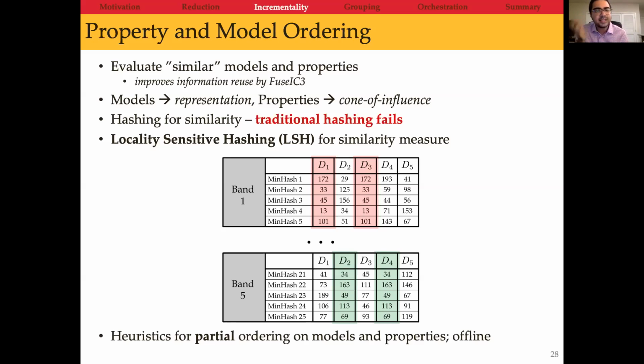So locality sensitive hashing gives us a very good heuristic technique, although it's offline, and I'll talk about why it has to be offline later. It gives us an efficient partial ordering on models and properties, such that for the models and properties which we group together, if we use Fuse IC3 on it, Fuse IC3 can actually use more information across the different model checking runs.